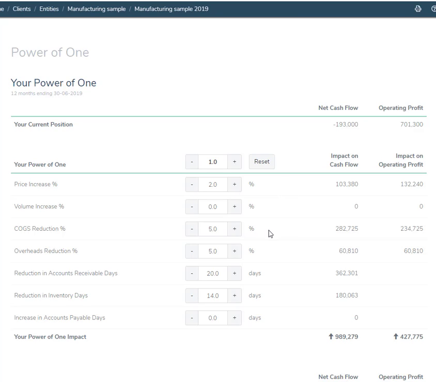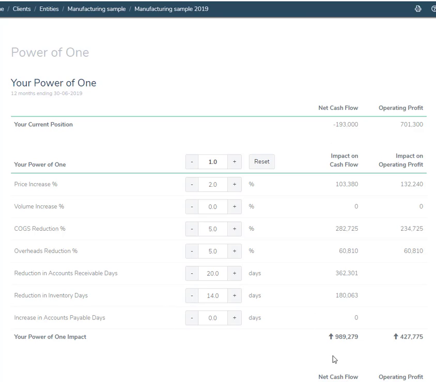We're going to reduce our cost of goods sold by 5% using processes to make things more efficient. We'll also do some processes to reduce our overheads by 5%. We're going to collect our cash 20 days faster, and we're going to have our stock sitting on the floor for 14 days less. Most of these things can be fixed using an efficient process and system.